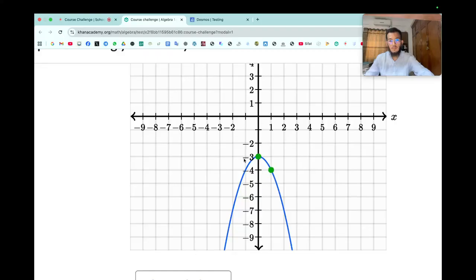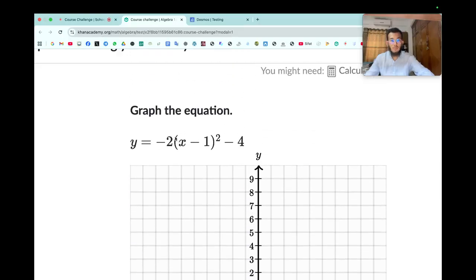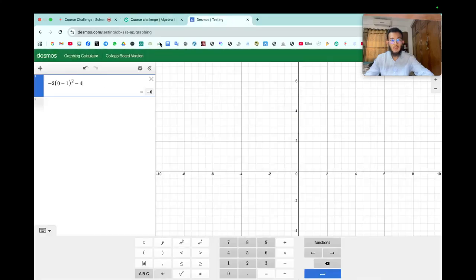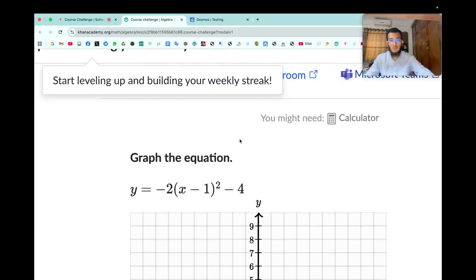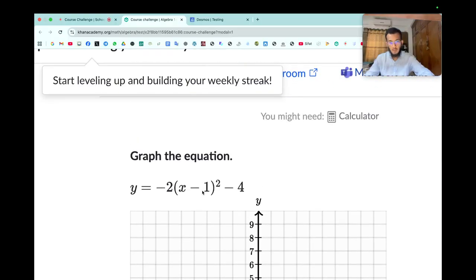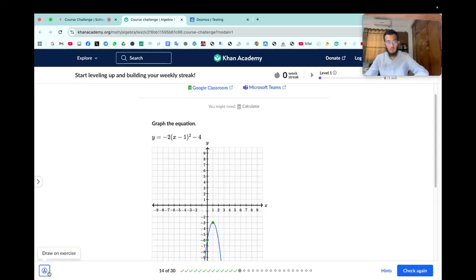Okay, so y equals this thing. If we plug in x equals 0 here, it gives us -6. So -6, 1 is okay, but the vertex. Okay, let's find the root for this one.